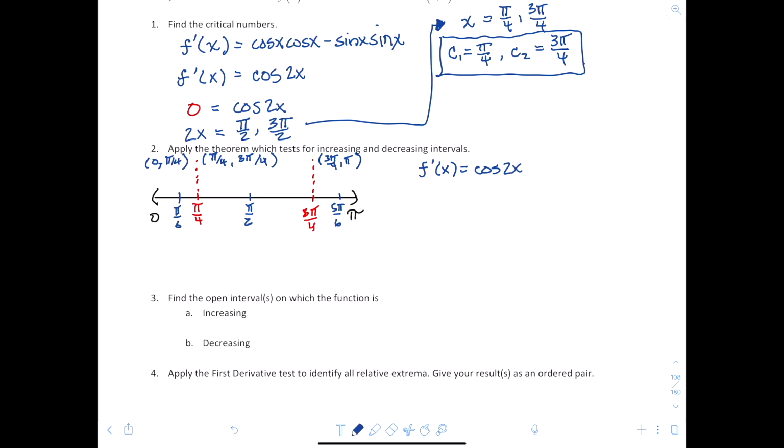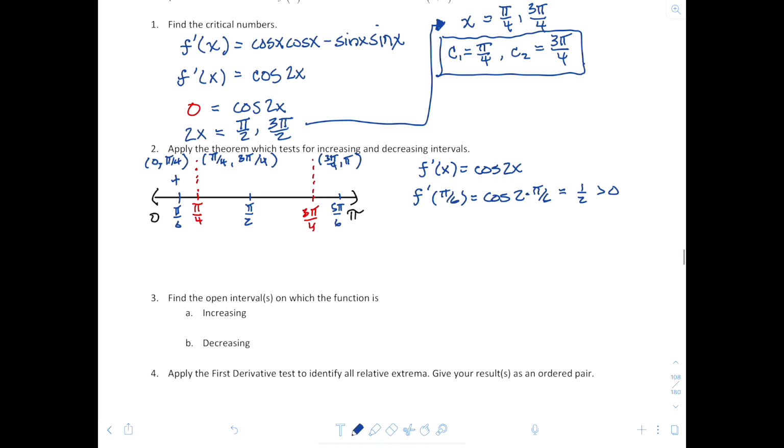And then, so f prime at pi over 6, we're just checking for positiveness or negativeness. So that'd be cosine at 2 times pi over 6, which is cosine at pi over 3, which is what? Beautiful, I think a half, which is greater than 0. So we'll put a plus sign here.